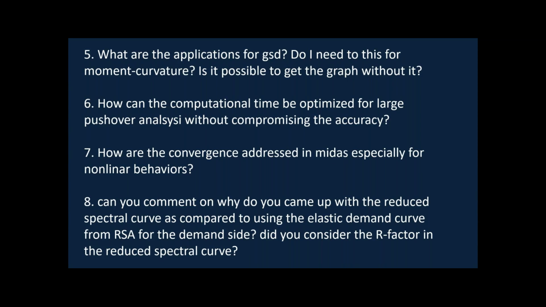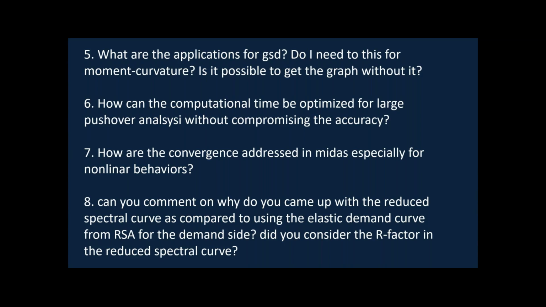So coming to the seventh question, how is convergence addressed in MIDAS, especially for nonlinear behaviors? The convergence in MIDAS is addressed by the tolerance which is set. There are three types of tolerance limits that we can set. One is with respect to the force, another is with respect to the deformation, and the third is with respect to the energy.